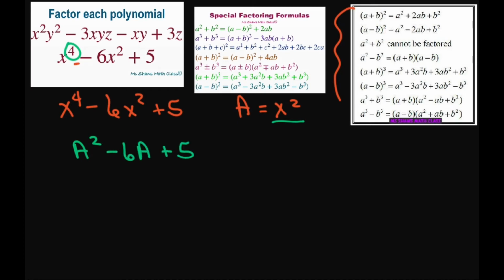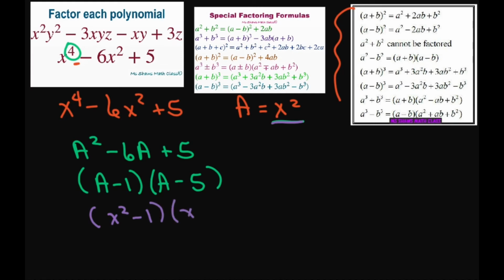And then you can factor this as a minus 1 times a minus 5. From here, all you do is substitute back in your a. So this is going to end up being x squared minus 1 times x squared minus 5.